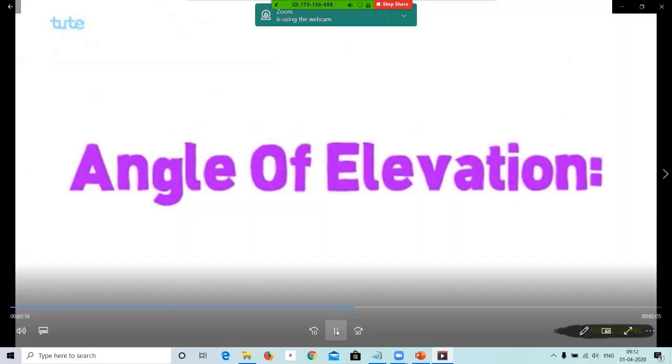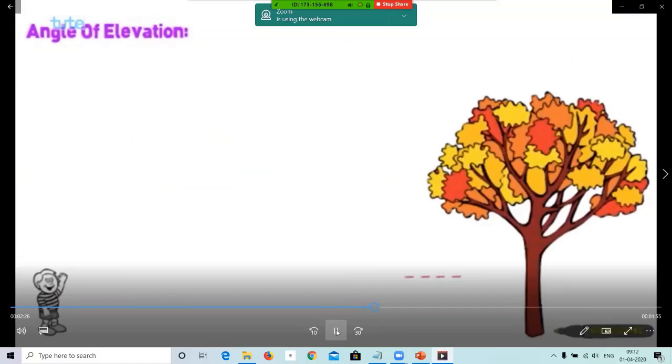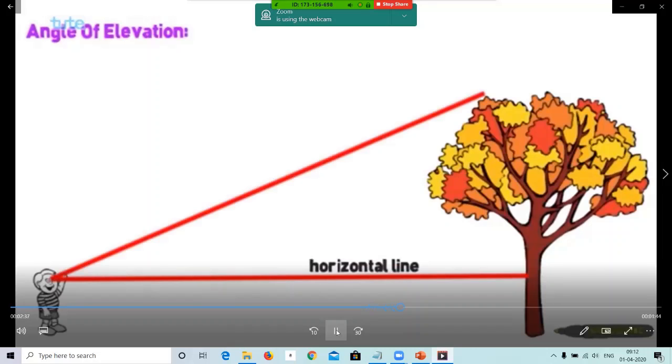What do you mean by angle of elevation? Consider a boy standing on a ground. He's at a certain distance from a tree. So this will be his horizontal level. That boy is watching the top of the tree. So that line will be line of sight.